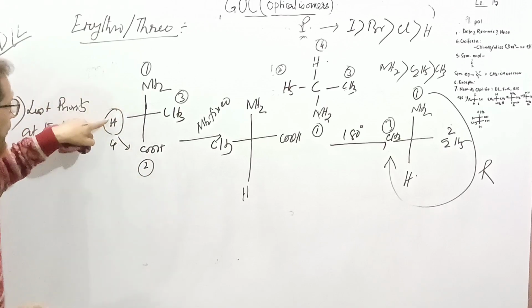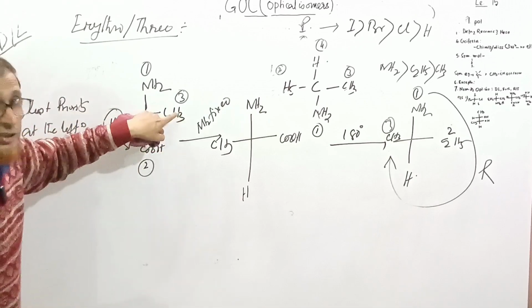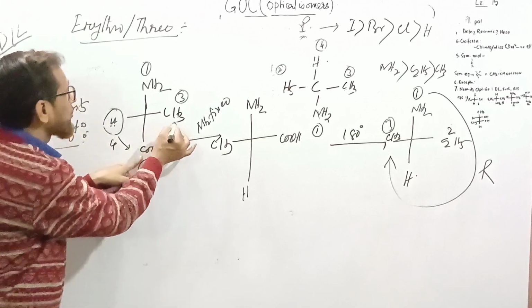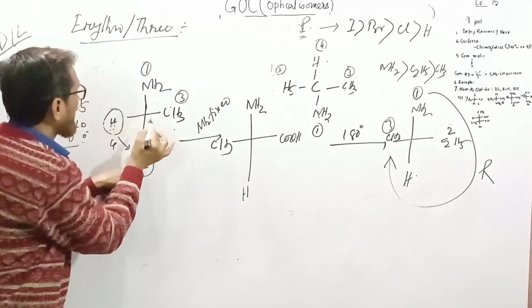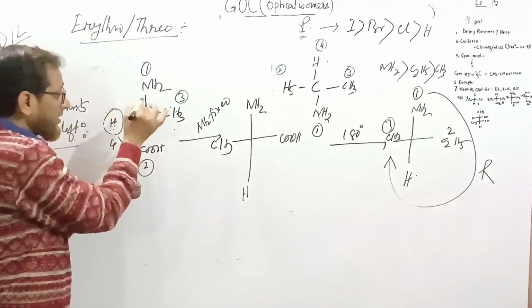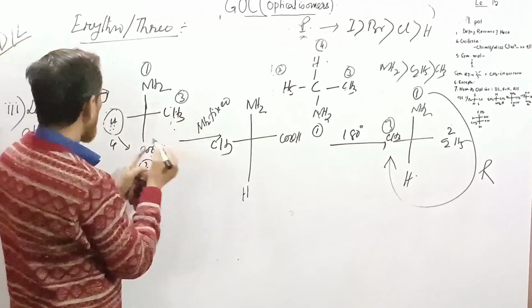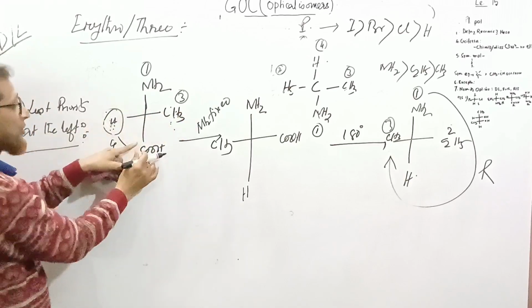So instantly this will come to its place and this will go to its vacant place. When we move hydrogen here, this is vacant. Then in the vacant place CH3 will come. Then this will be vacant, and in this vacant place COOH will go. So when we move hydrogen here, this will come over and this will come there.